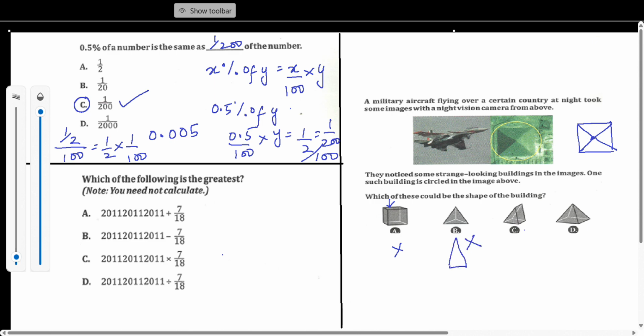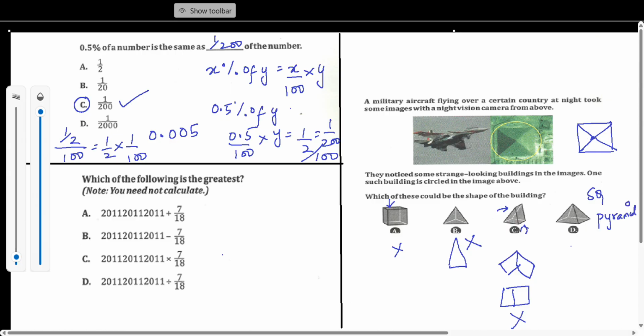This is a triangular prism. So when you see from the top, you will see this side and this side. So all you should see is something like this. Or something that flattens out like this, which is clearly, the shape looks okay, but we don't see this X. The fourth one is a square pyramid.